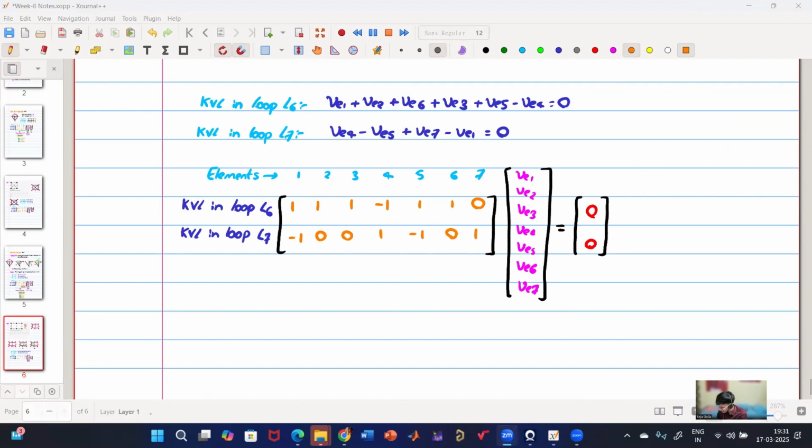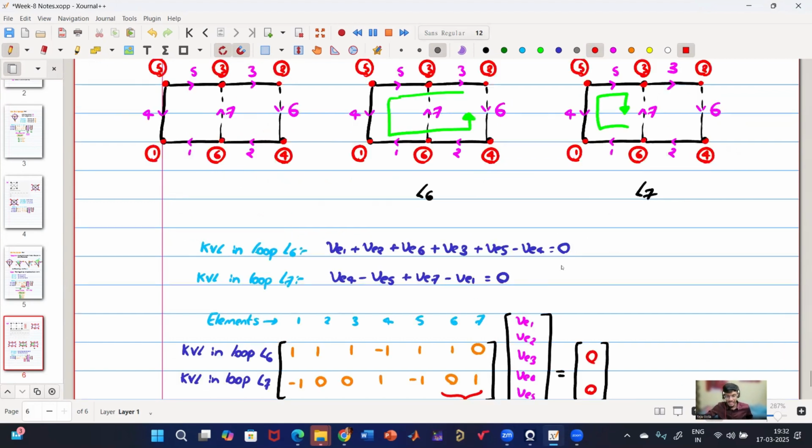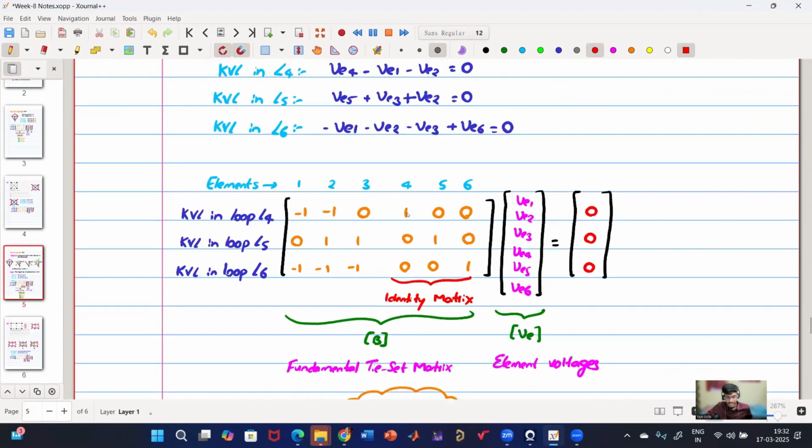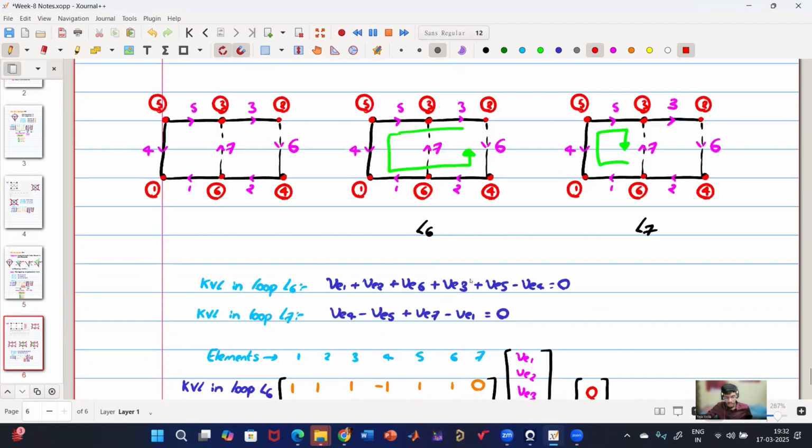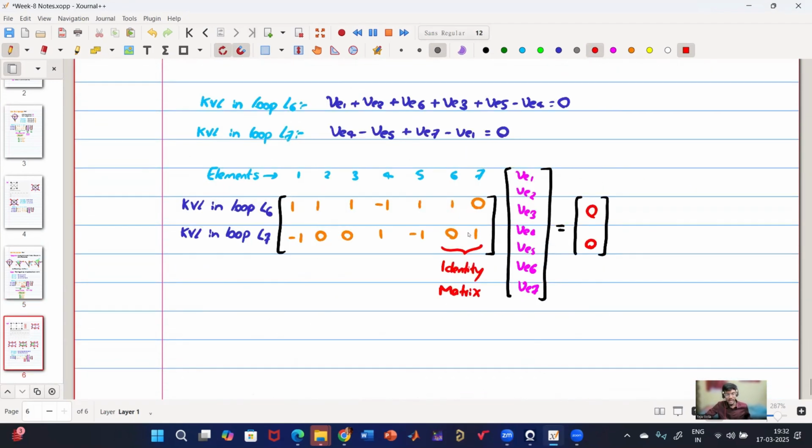So everyone agree? If you see again here, identity matrix is there, right? Because L6 and L7, 6 and 7 correspond to the identity matrix, because it is 3, here it is only 2. So we should get identity matrix. If we have not gotten it, it's a sign that you have made a mistake, so you have to cross check again.